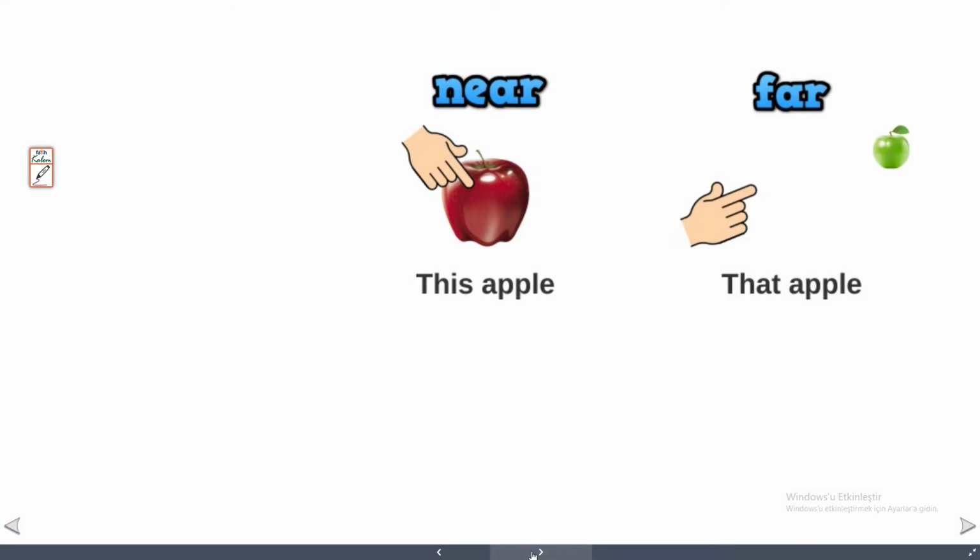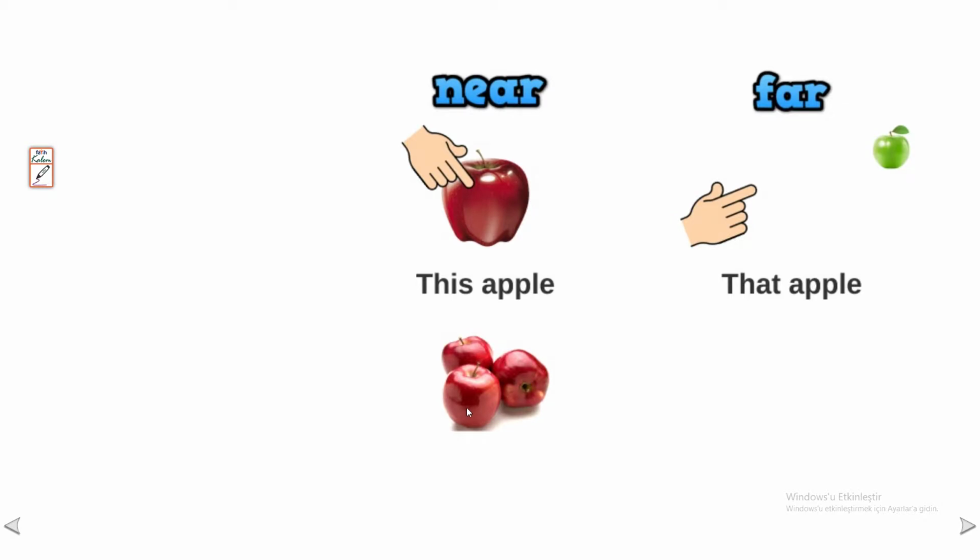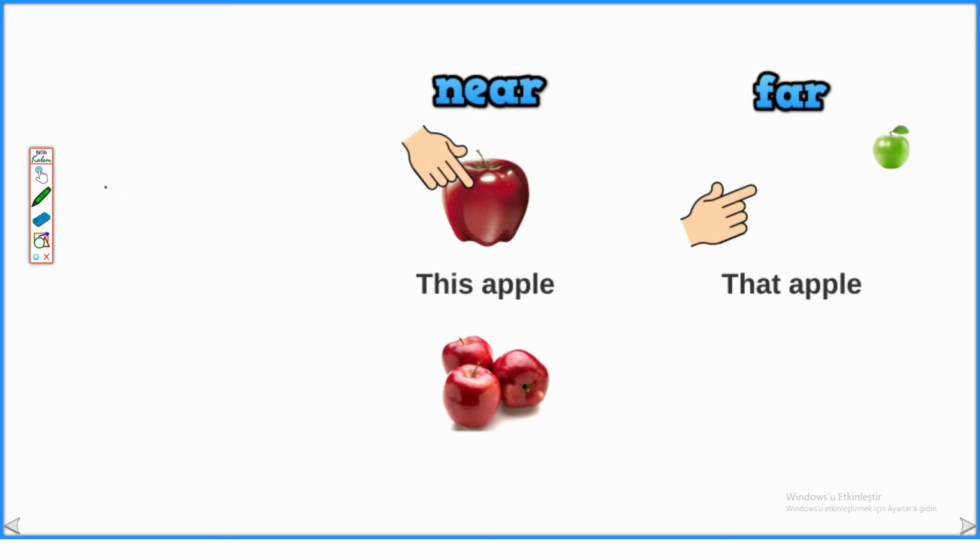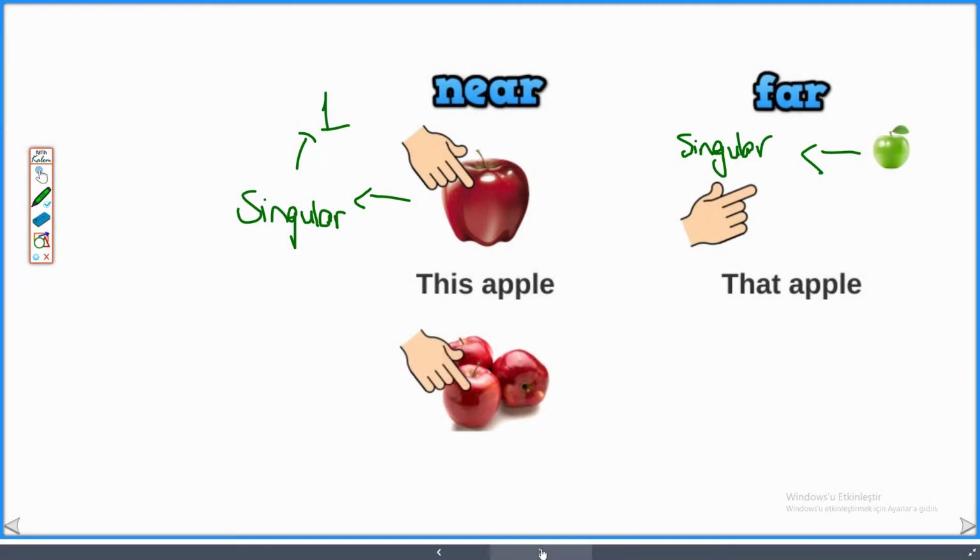For example, we have 3 apples: 1, 2, 3. An apple is singular, meaning one object only, but we have 3 apples, and they are near to me also, so we use these.